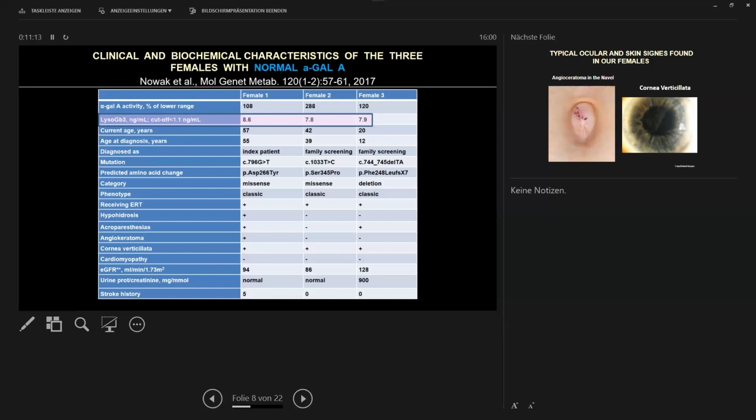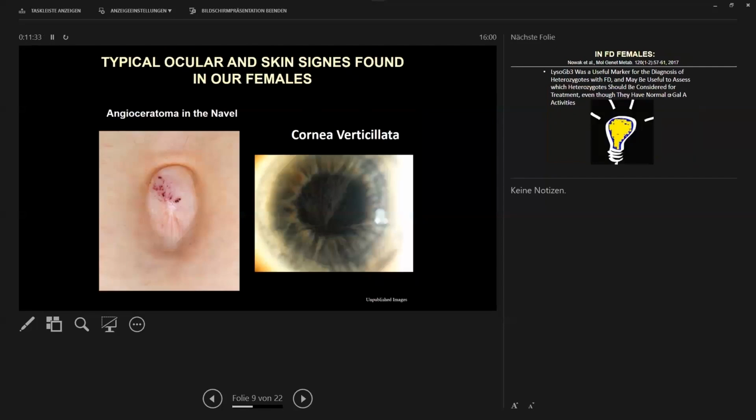And this is helpful because sometimes we don't understand well mutations, because not all mutations are already described, and sometimes we have unspecific symptoms, particularly in females. In these cases, we can measure the Lyso-GB3.